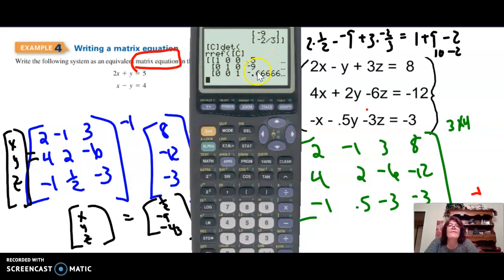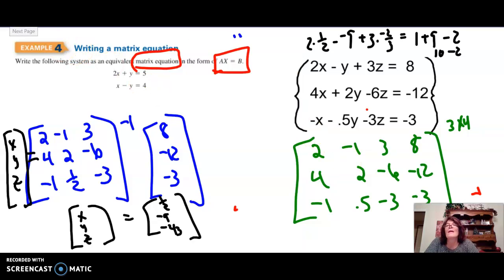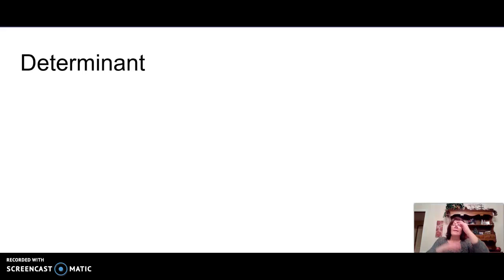We got 0.5, -9, and -2/3. I want to go math, enter to change that to a fraction. There, 1/2, -9, -2/3 with our identity matrix here. So I know X is that, Y is -9, Z is -2/3. Okay? Those are the 2 ways.